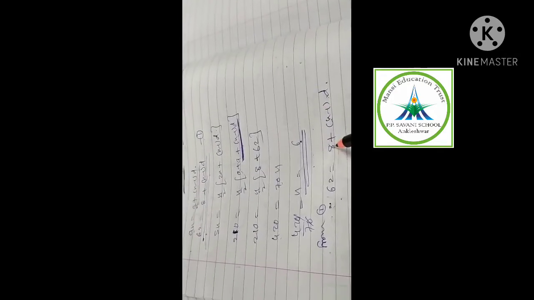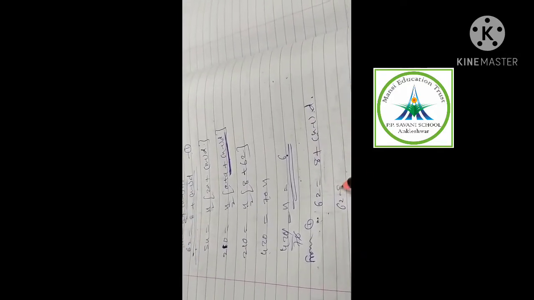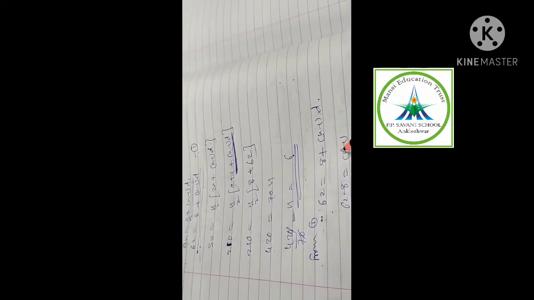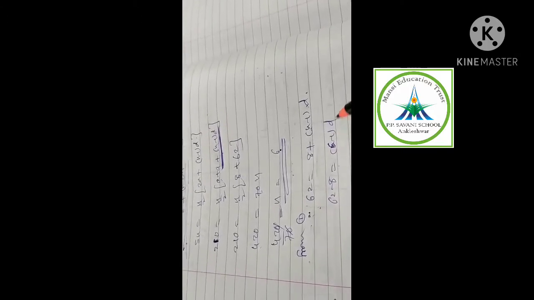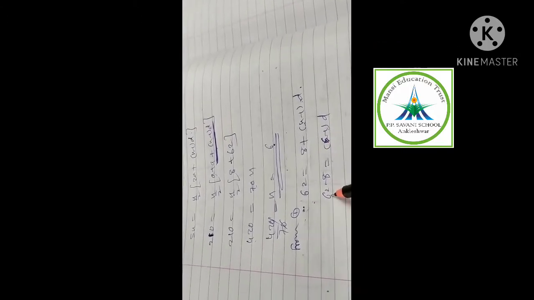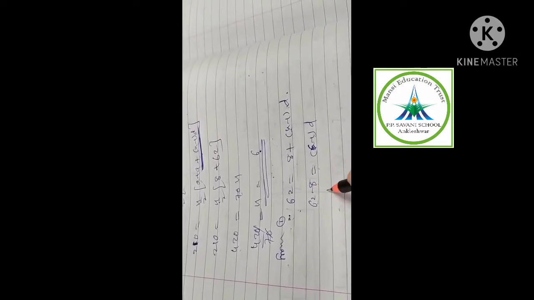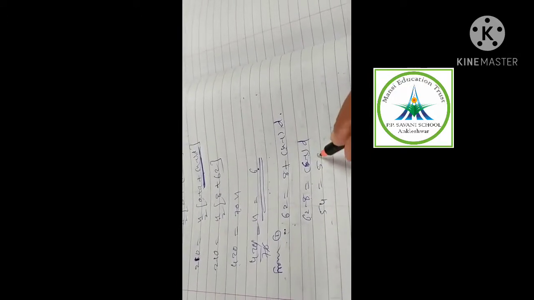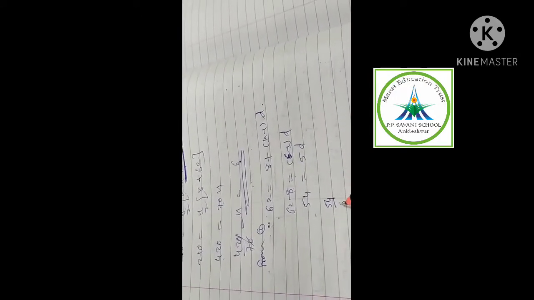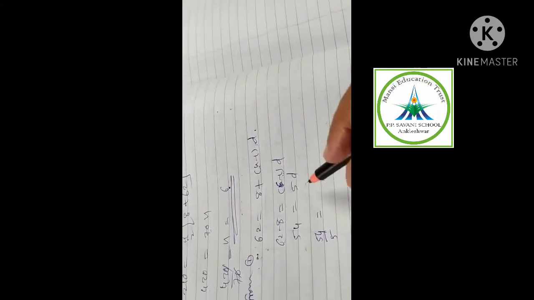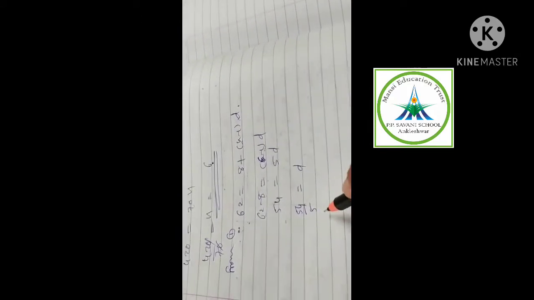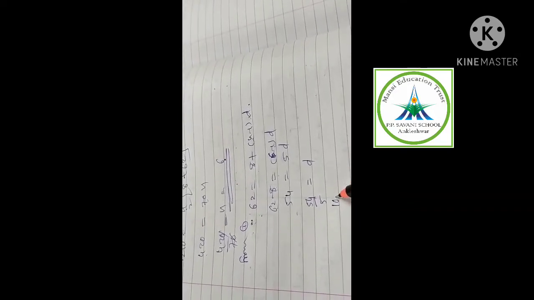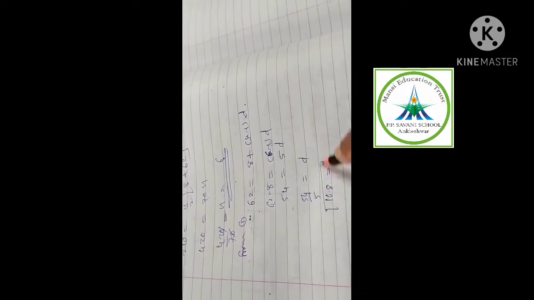Now see, I am writing this 8 comes this side. 62 minus 8 equal to n minus 1, that is 6 minus 1 multiplied by d. 6 minus 1, 5. 62 minus 8, how much? Yes, 54. 6 minus 1, 5d. So 54 upon 5. Got it? 54 upon 5 equal to d. So get decimal. Yes. 10.8 is your value of d.